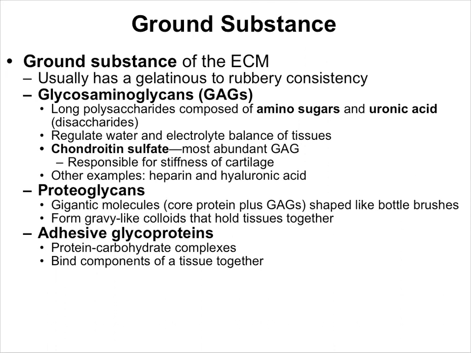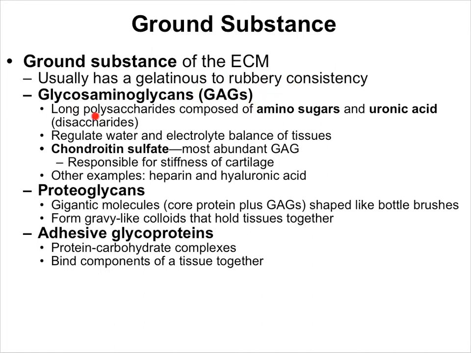The ground substance, we said that there are a number of different components of it. The ground substance can change dramatically based off of exactly what type of connective tissue we're talking about. It's usually got this sort of gel-like or rubbery consistency. We have glycosaminoglycans, which are also called GAGs.